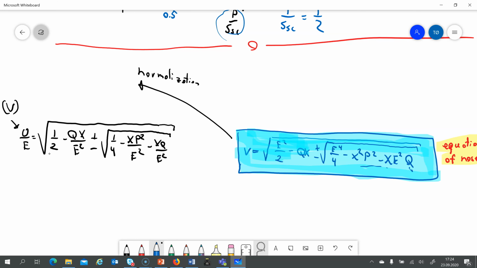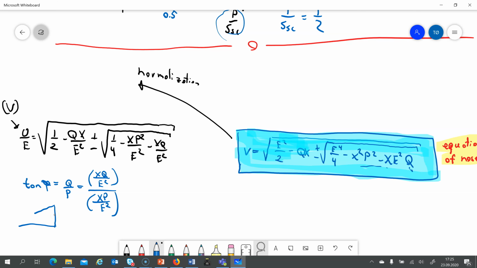Now we have the following relationship. Tangent phi equals Q over P equals Q divided by the square, like this.